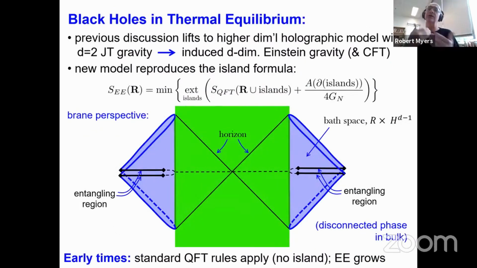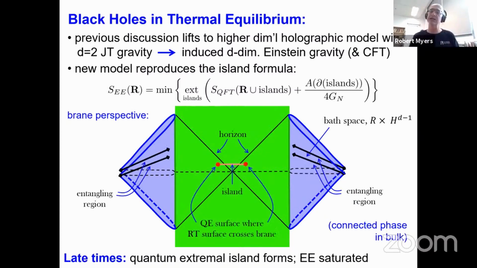The story from the brane perspective is very much like what we had before, and we end up reproducing the island formula. At early times, we're evaluating the entanglement entropy in the usual way of these regions in the bath, where we're collecting the radiation. The entropy is growing, but at late times we get this new island that appears in the gravitating region.